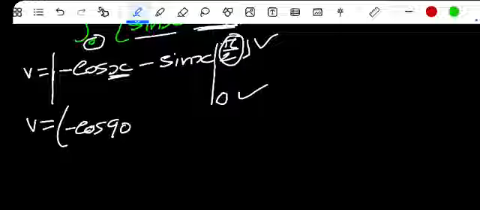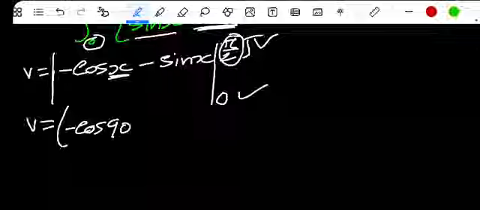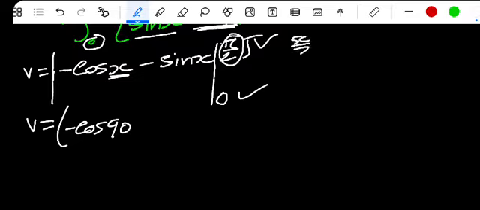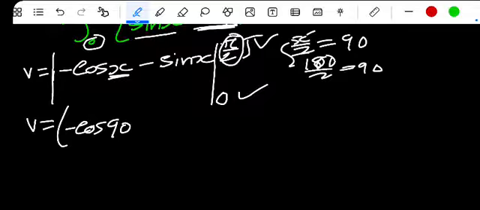Remember, if you substitute this in radians, your calculator is supposed to be in radian mode, but I will use degrees because my calculator is in degrees. I know that pi over 2 is 90 degrees.